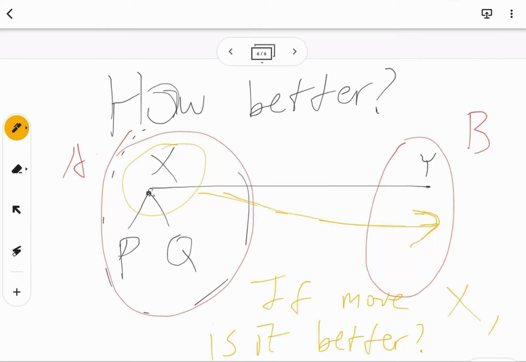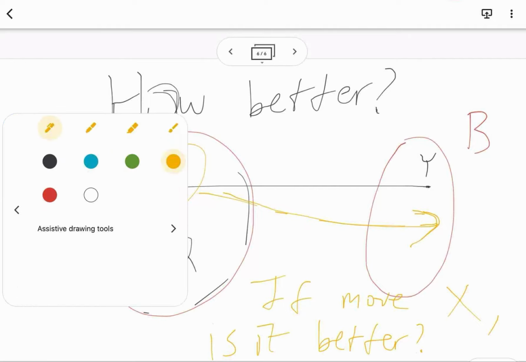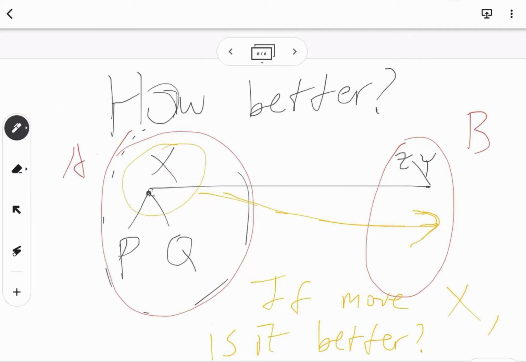So if X has neighbors P and Q, that's not good. If we move it to set B, then since X has at most two neighbors, now it has at most one neighbor, the neighbor Y. It could have zero neighbors. Maybe Y does not exist. I'm just writing the worst case. But if we're only looking at the number of vertices that are bad, then if Y has another vertex Z inside of B, then Y would become bad, right?